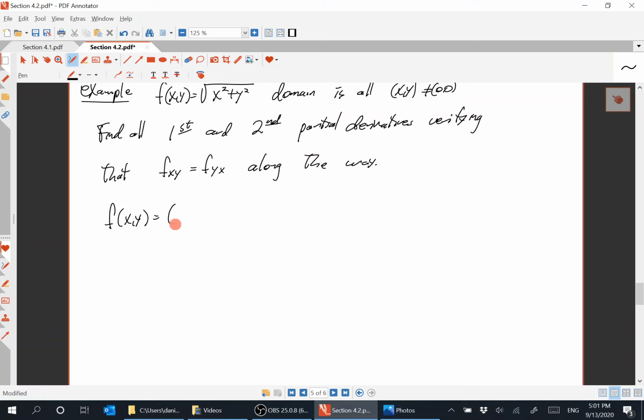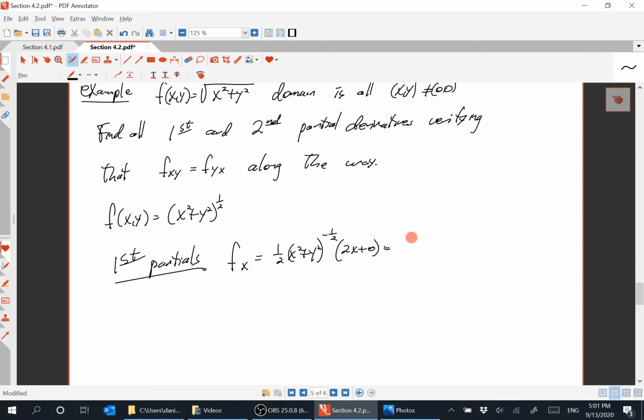f of x, y is equal to x squared plus y squared to the 1/2 power. So, partial derivative with respect to x, here are the first partial derivatives. F with respect to x is equal to 1/2 times x squared plus y squared to the negative 1/2, times the derivative of the inside with respect to x, 2x plus 0.